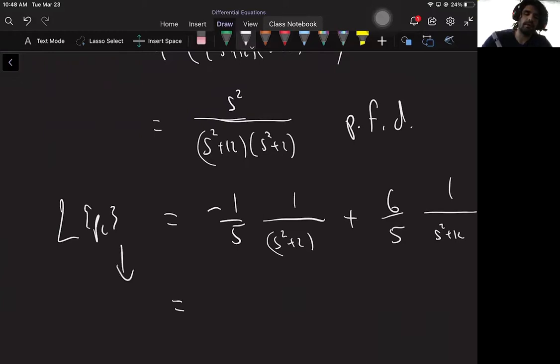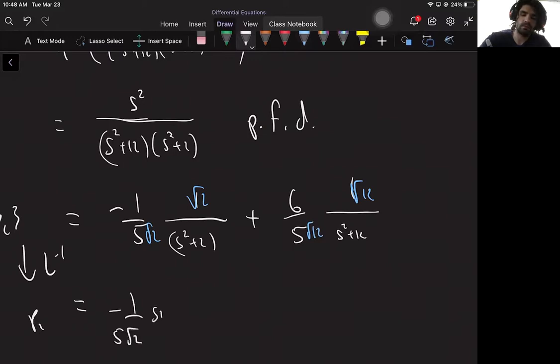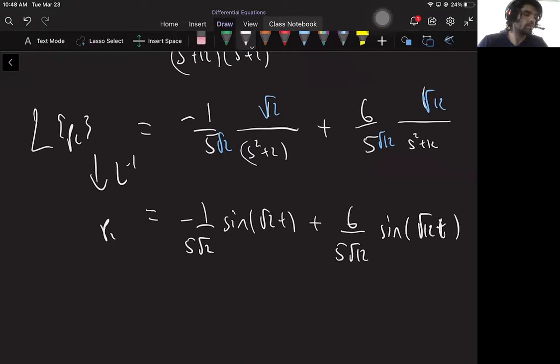So now I just do the inverse Laplace transform, and it's going to be the same issue. So I need this to have a square root 2, square root 2, and I need this to have a square root 12, square root 12, so that it looks like something in the table. And then it does. Okay, so these are my two position functions.